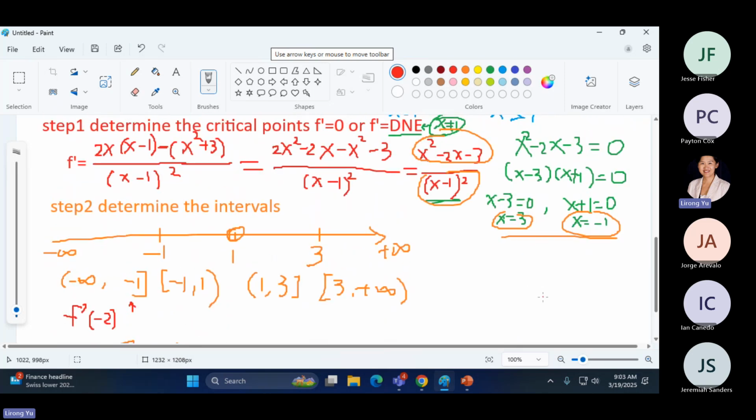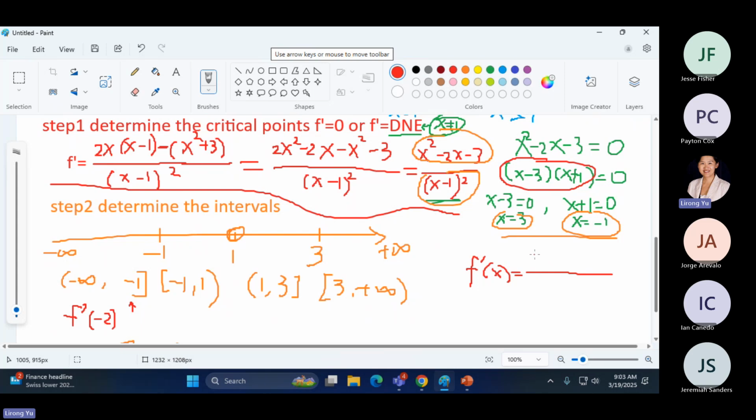The f prime of x expressions are all equal, but of course I want to pick one that's easy for calculation. So I'll use x minus 3 times x plus 1, divided by x minus 1 squared.